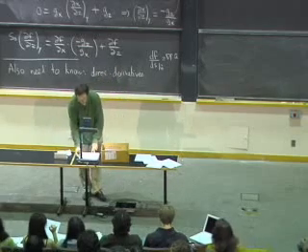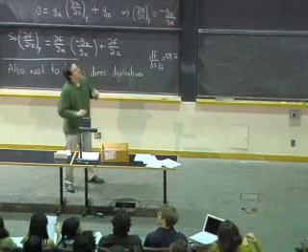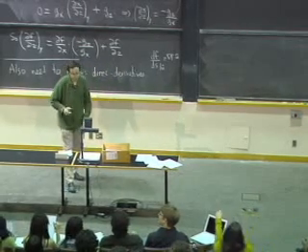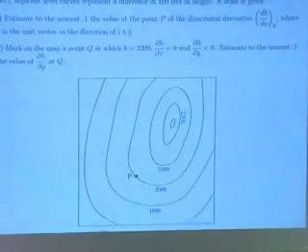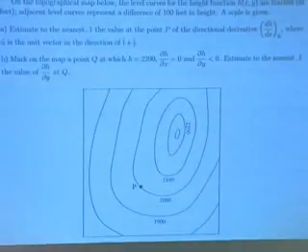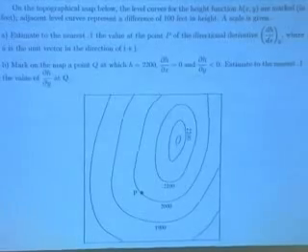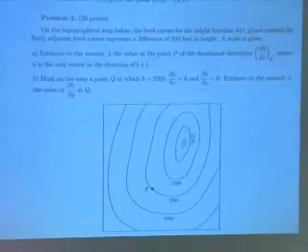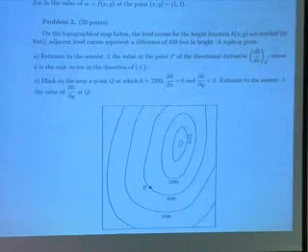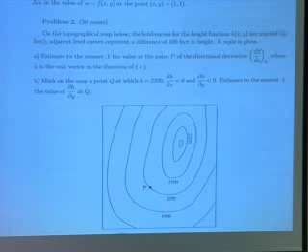So let's look at problem 2b. Problem 2b is asking you to find a point at which h equals 2200, partial h/partial x equals 0, and partial h/partial y is less than 0. So a point where h equals 2200 should be on the level curve that says 2200.